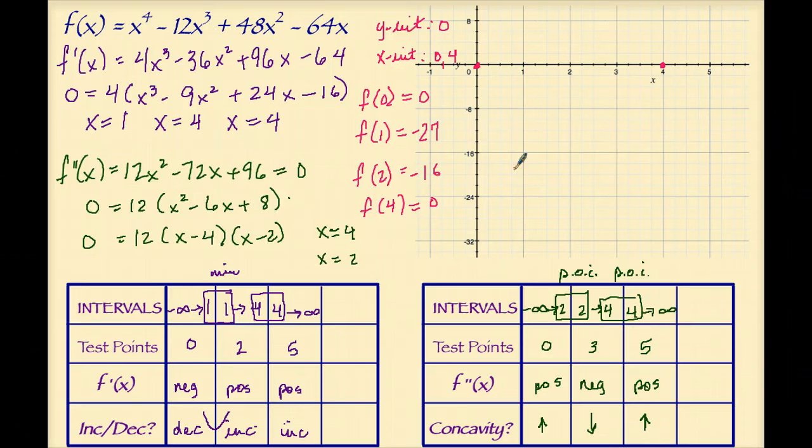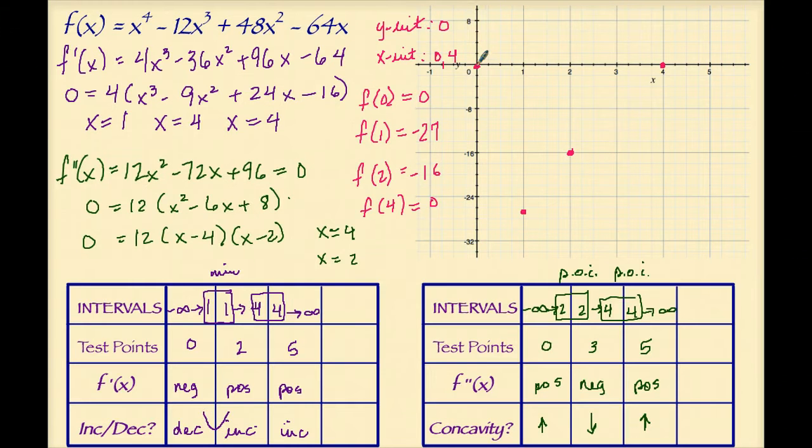So let's plot f of 1. It's down here at negative 27, so approximately right here. And then f of 2 is at negative 16, which is here. And now, using the information that we have found, let's sketch this graph. We know that from negative infinity to 1, the function is decreasing.